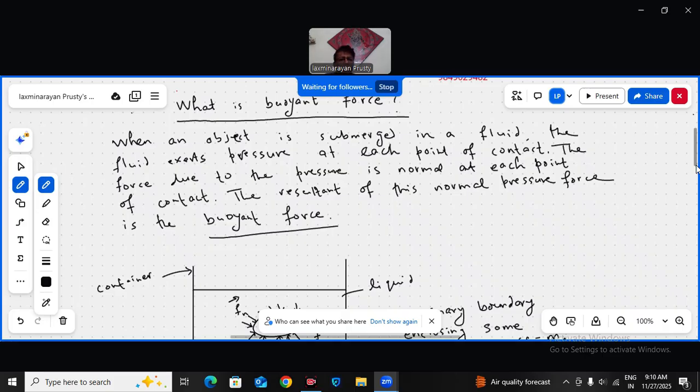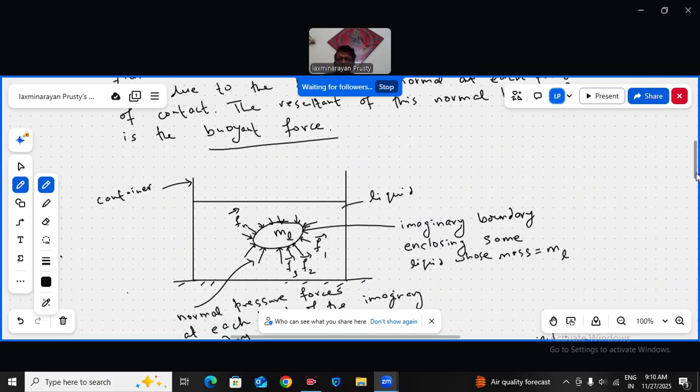So buoyant force is not any separate force that comes into existence. It's just the resultant of the pressure force. Just see this diagram. It's a container containing some liquid, and as you see, I have drawn a boundary here.